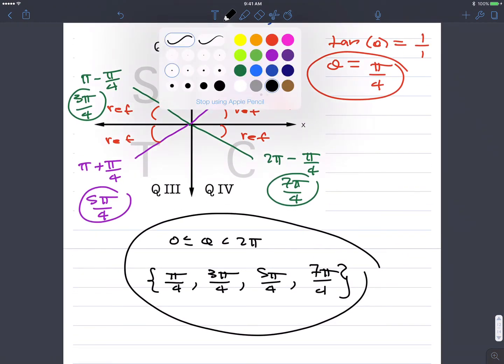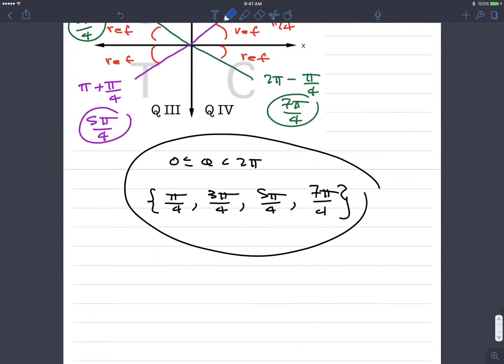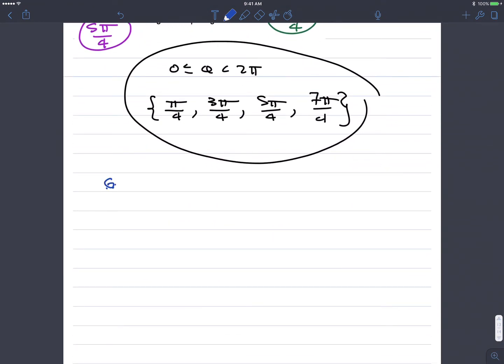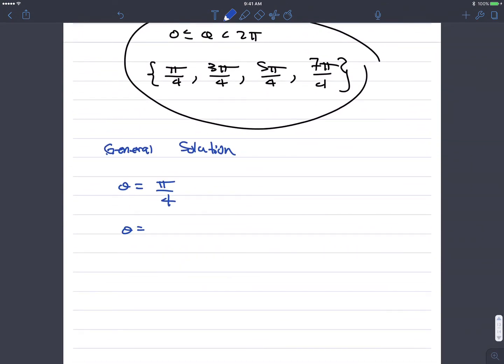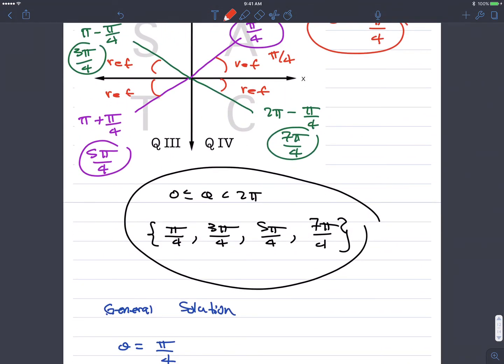Almost there. This is only for the A students. The general solution. Theta is pi over 4. I'll give you a hint: theta is 3 pi over 4. Almost there. If you could tell me what's going on, then you could leave. What did I do? I took this solution, and I took this solution.